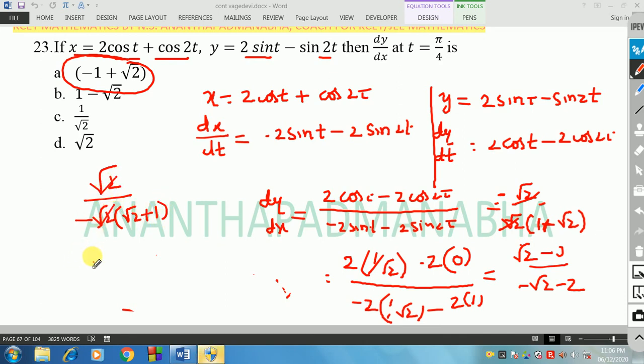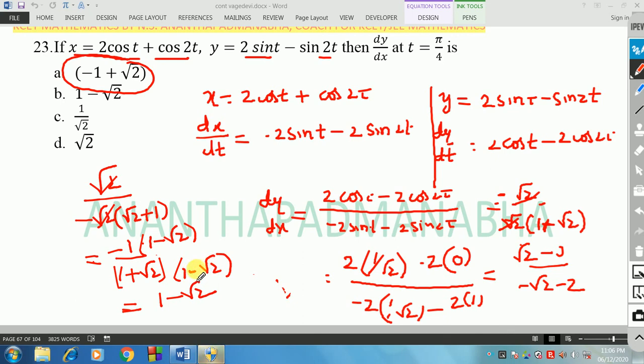So I have minus 1 by 1 plus root 2, which we rationalize. 1 plus root 2 into 1 minus root 2 is 1 minus 2, which is minus 1, so we get 1 minus root 2. So it is option B actually. Option B is the right answer.